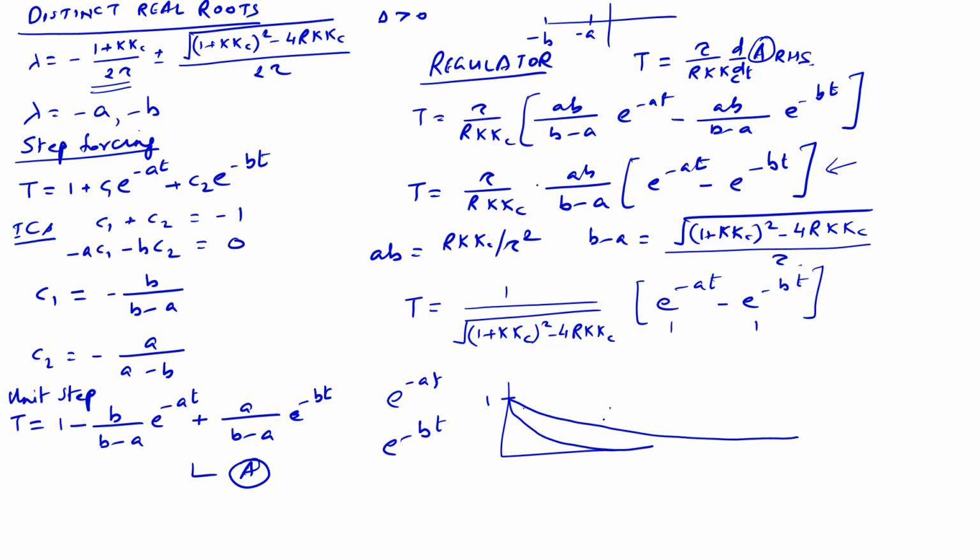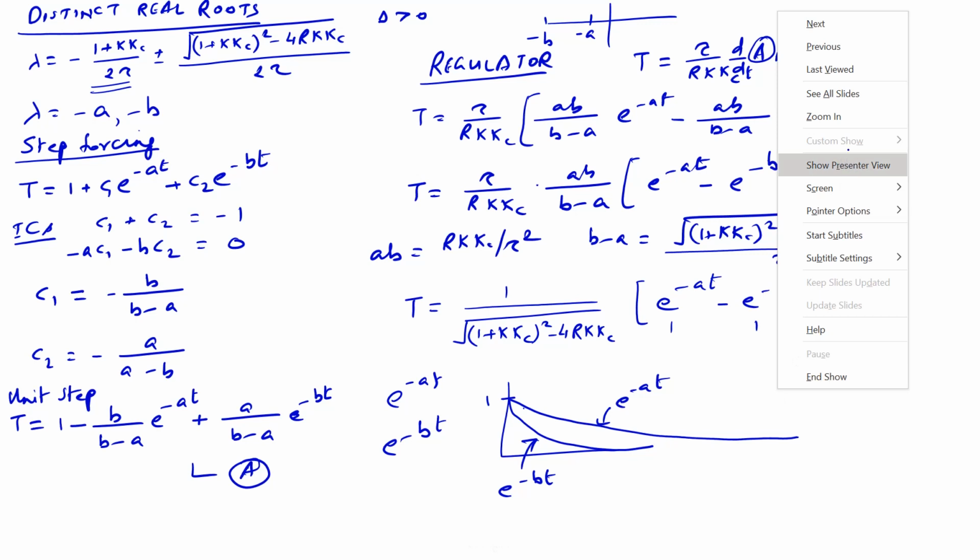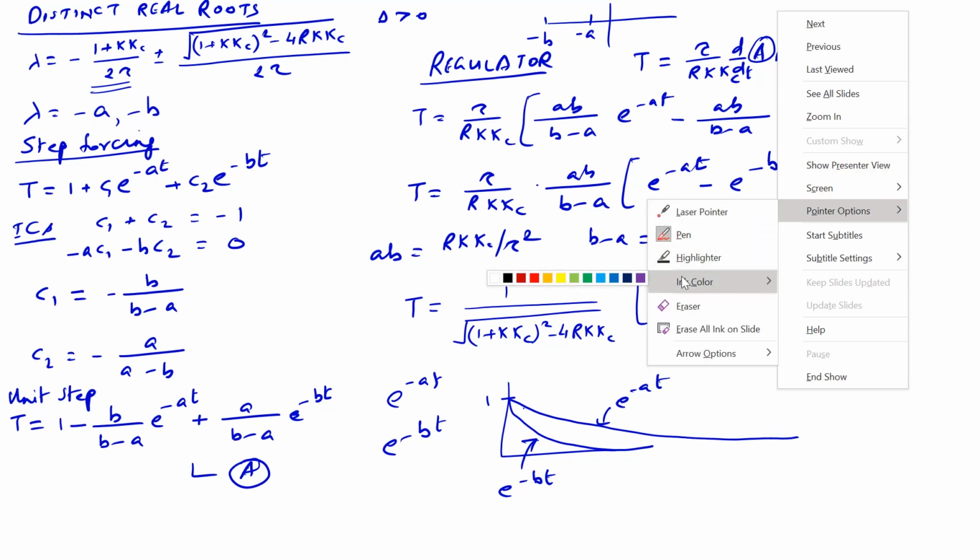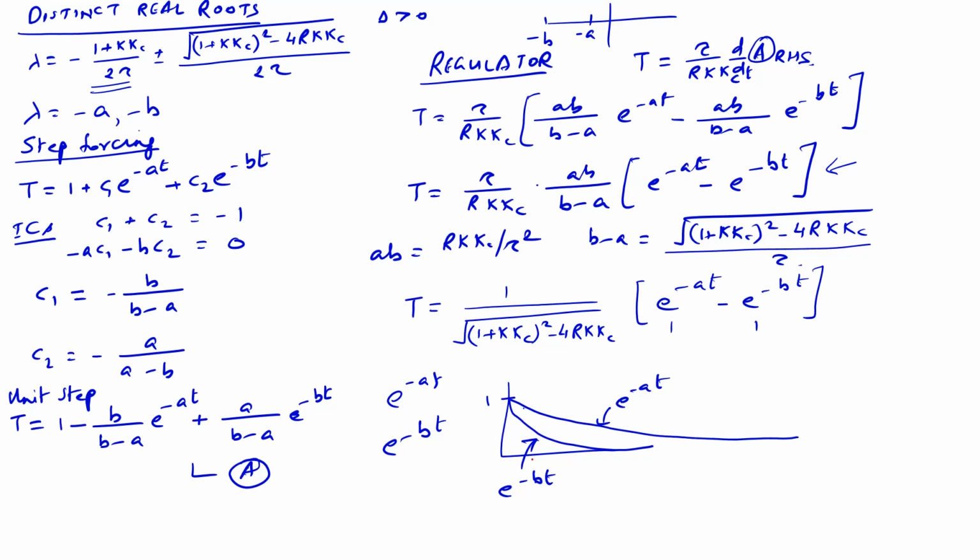So this would be e to the power minus at and this would be e to the power minus bt, and when you add the two up, eventually everything will disappear, and so what you will get is a response that looks something like this, with things eventually disappearing.